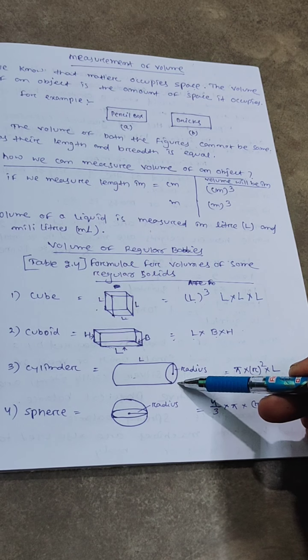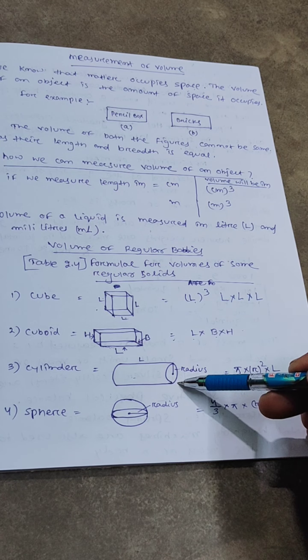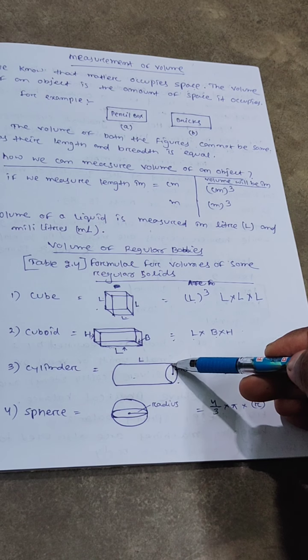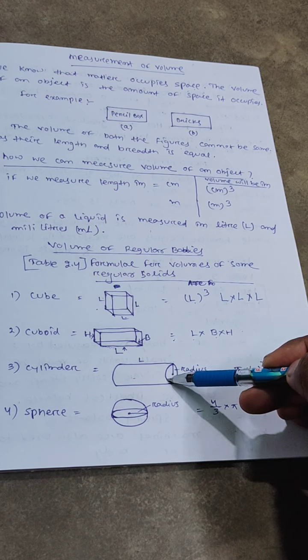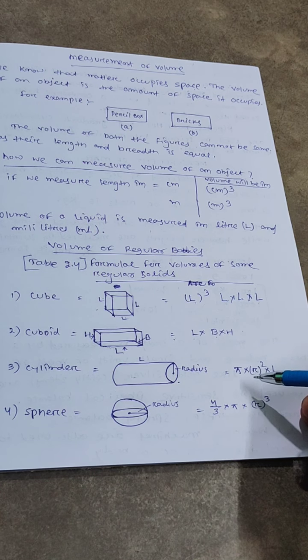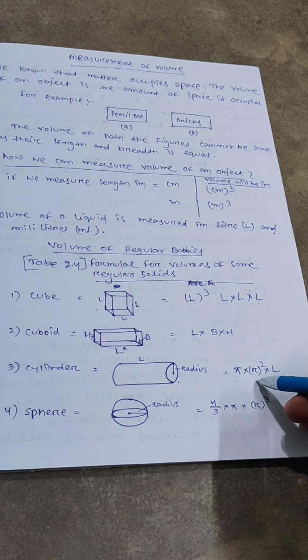Now what is the formula of a cylinder? In a cylinder we can see there is a length and there is a circle. We know from the measurement of area that a circle has the formula pi r square.